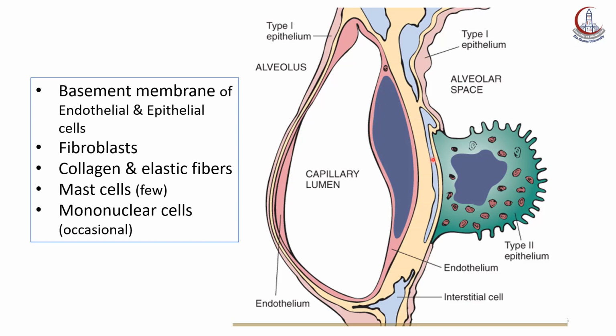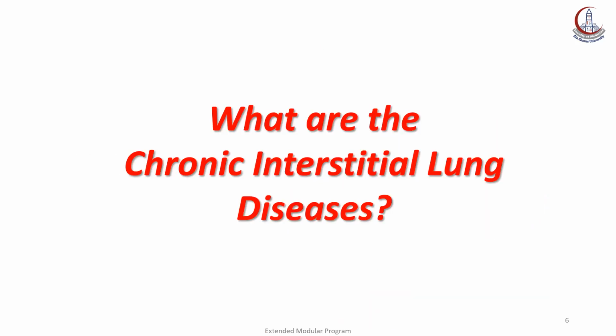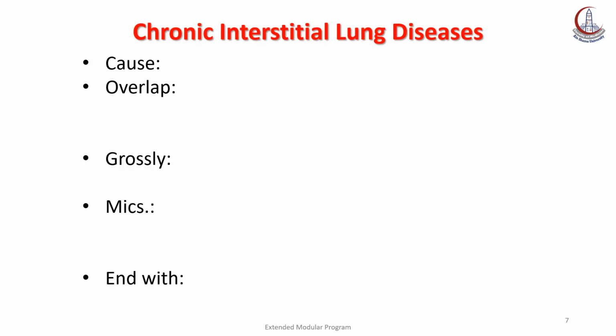The rest of the lung tissue, the interstitial tissue of the lung, contains few fibroblasts, collagen and elastic fibers, some mast cells, very few, and mononuclear cells like macrophages. What are the chronic interstitial lung diseases?